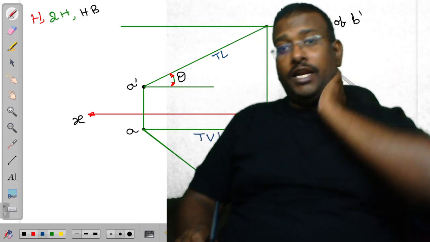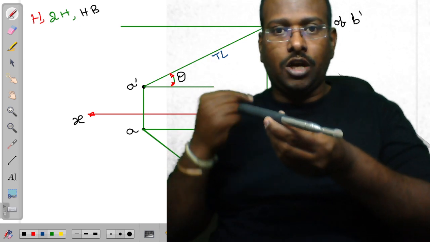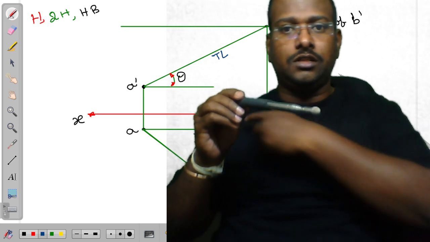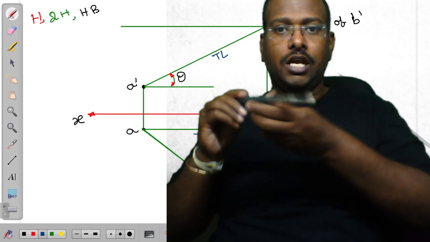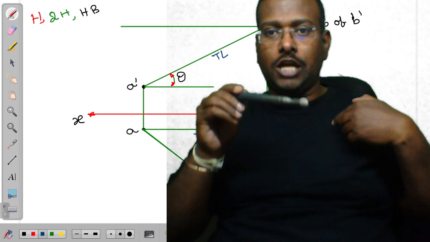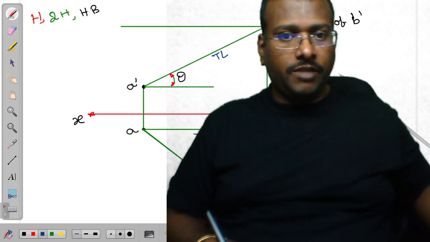Good. Sir, after getting this, how will the front view be? You observe this: the front view shadow will fall here. So it is parallel to the XY line. Wherever I get A dash, at the same height B dash will also be present. So I will do the same thing.